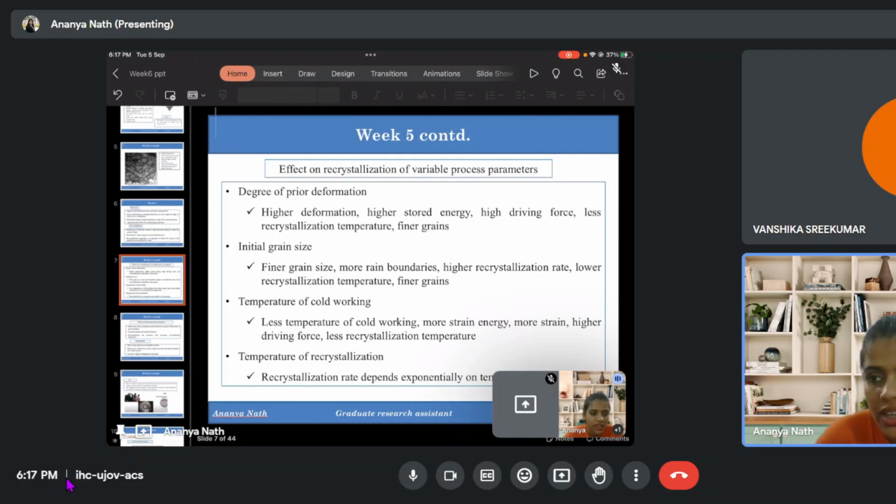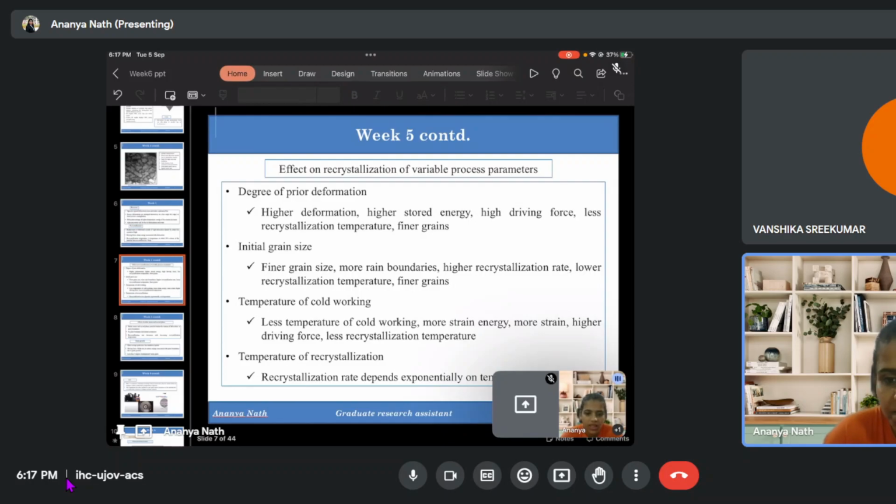If the grain size is very big inside the material and we are doing the recrystallization, obviously the grain size will be lowered. The new strain free grains will have a smaller size, but if the initial grains are already finer, it will help us to get even finer grains.